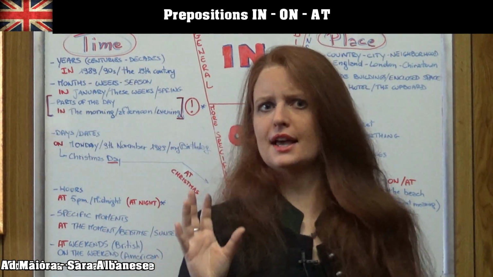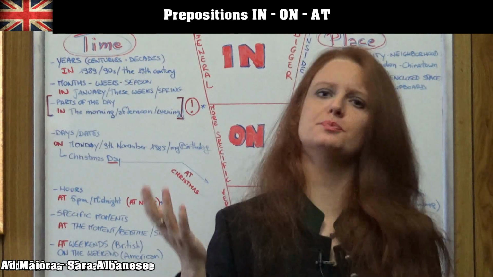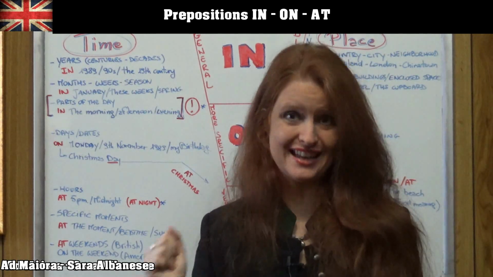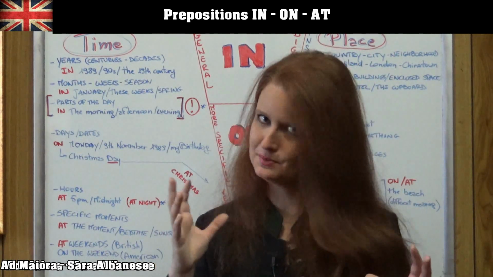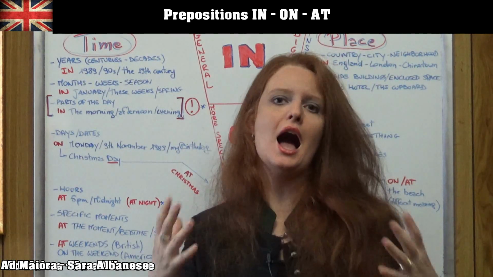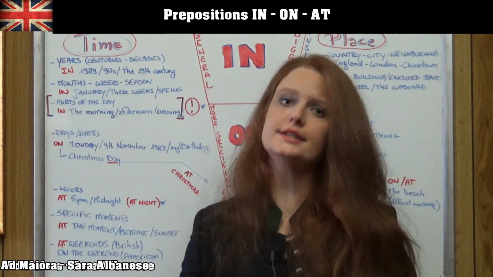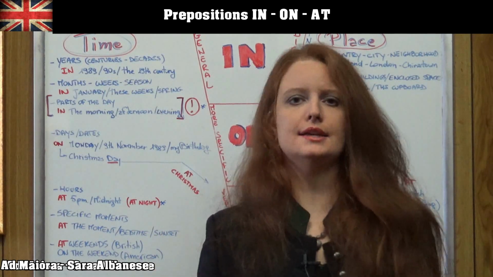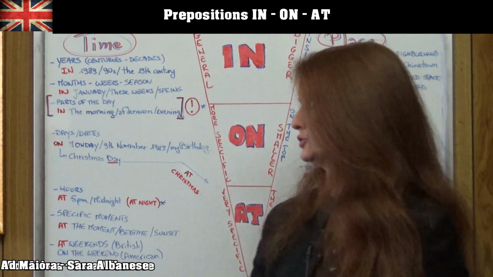If you don't remember exactly how we have to read years, please go and check my video about dates, in which I explain very specifically how we write and how we read dates in British and American English.